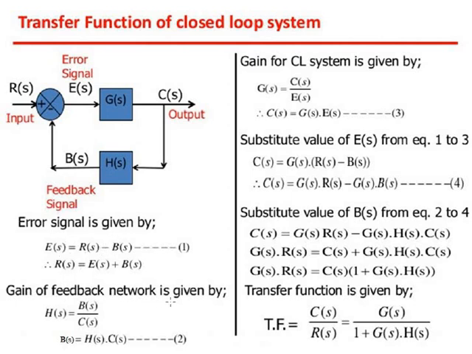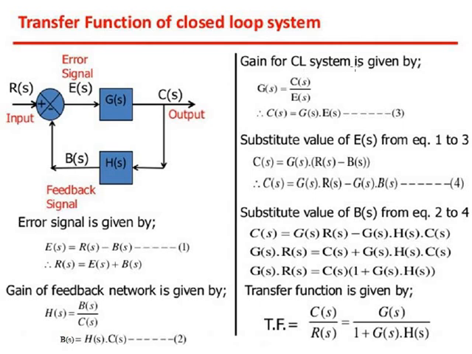Now the gain of the feedback network is given by H(s), which is output by input, because we can see that this is the input for this H(s) system and B(s) is the output signal. So B(s) by C(s) is the transfer function for H(s). So we can write B(s) is equal to H(s) into C(s).